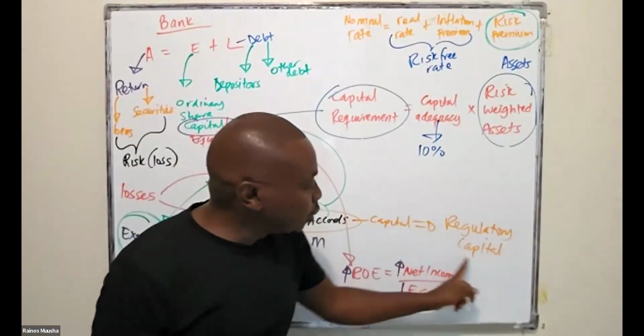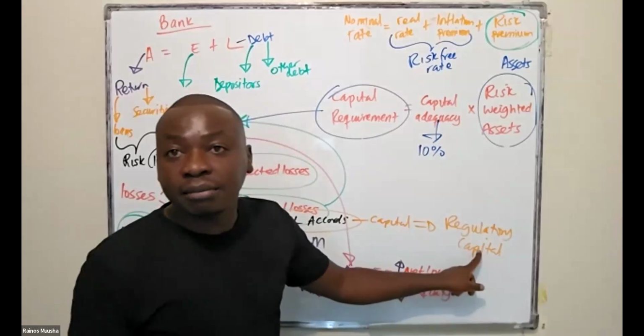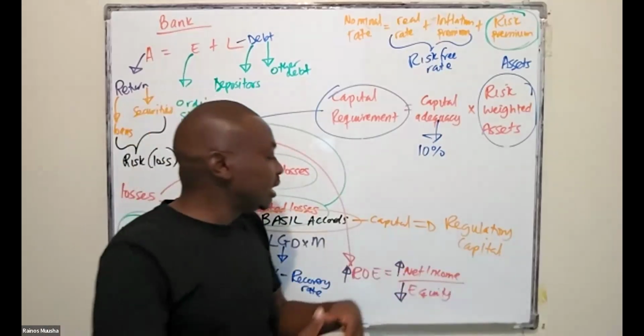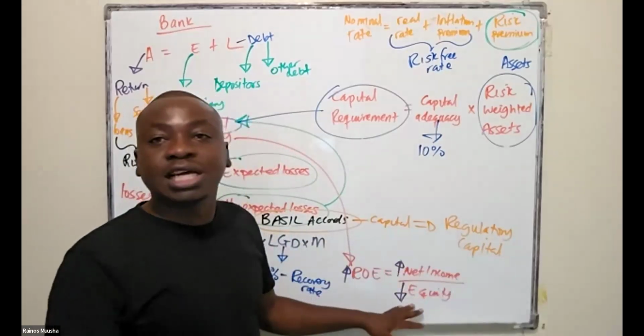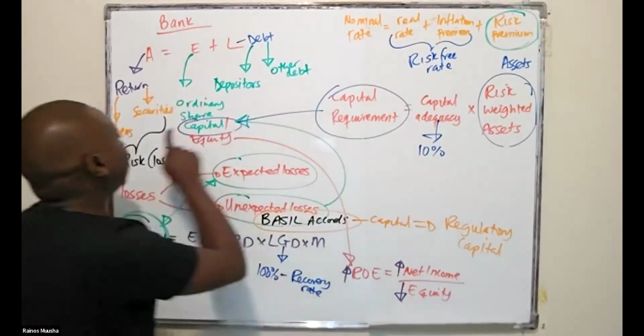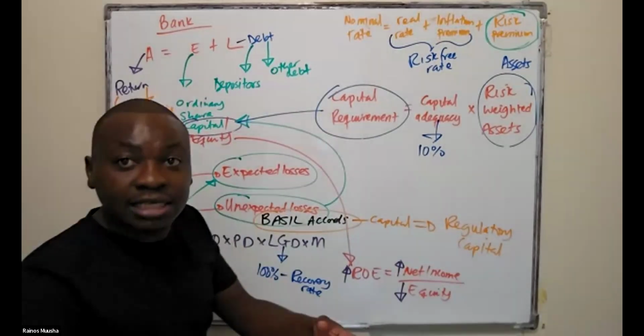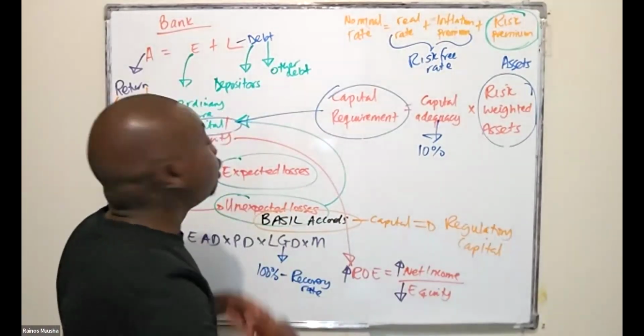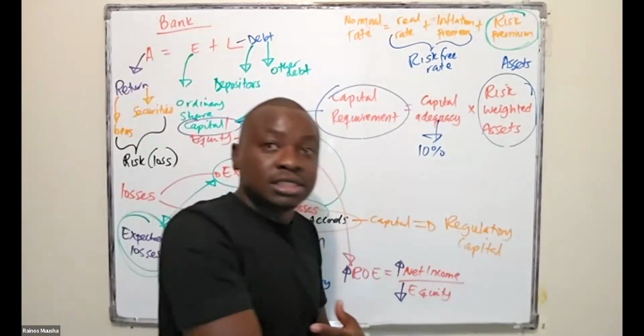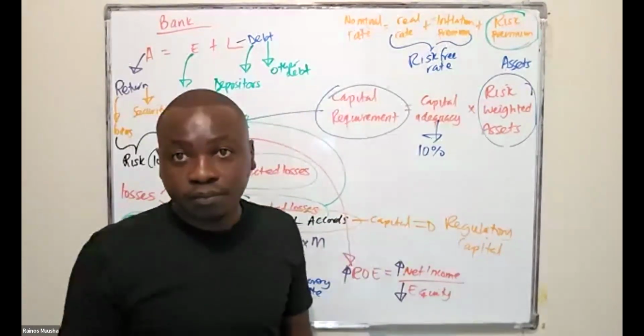So what did the banks want to do? They want to reduce this required equity, so that if they reduce the equity that is required to cater for these unexpected losses, they are able to free that money and use it to generate a higher return as well.